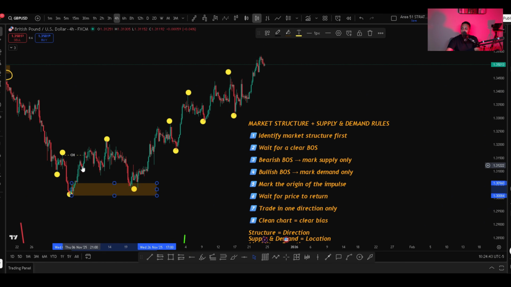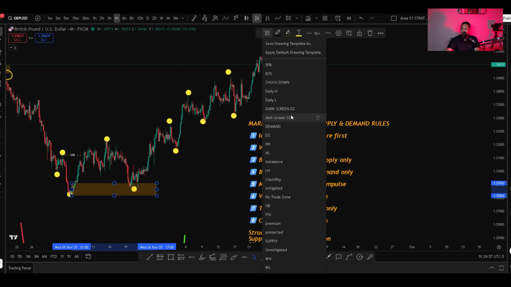Once we identify the direction of the market, we mark our demand zone after this change of character, because this change of character also equals a break of structure, because we broke a structure.